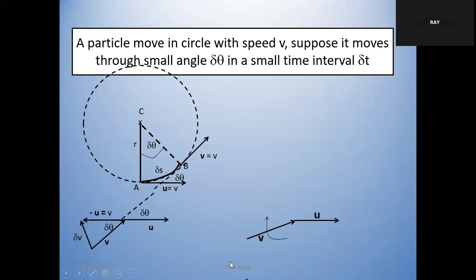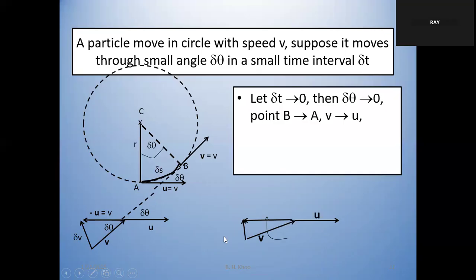Our u still stays the same, initial speed. Right? Minus u still the same. But we see that delta v now becomes more and more vertical. Right? More and more vertical. So if we make our delta t approach 0, delta theta approaches 0, B approaches A, v approaches u, so it becomes perpendicular.